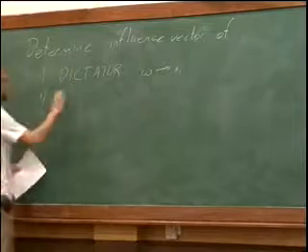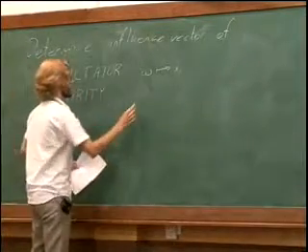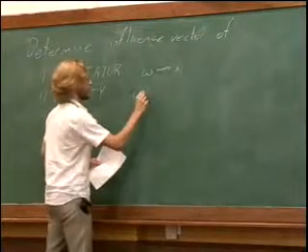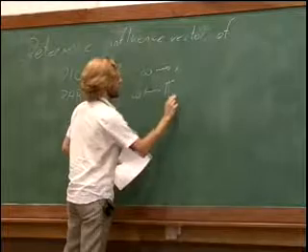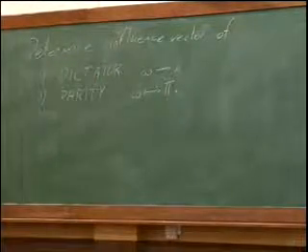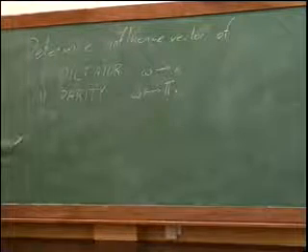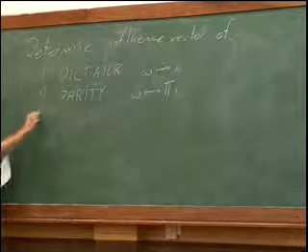The second one was parity, which takes a string of bits and outputs their product. So it outputs a 1 if there's an even number of minus signs in the string, and it outputs a -1 if there's an odd number of them.